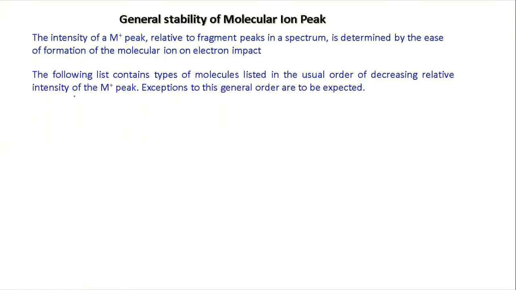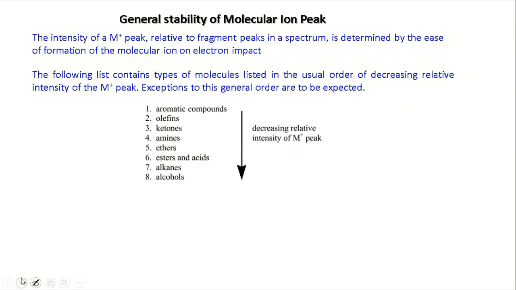Now here I'll give a list of compounds. If you go from aromatic compounds to the regular olefin, then ketone, amine, and so on, what we see is that the molecular ion peak intensity decreases in this way. If you look at alcohol, it will easily release the water molecule.